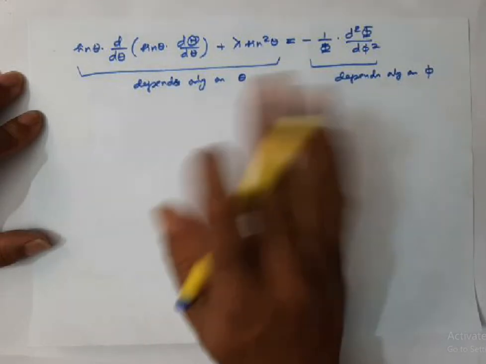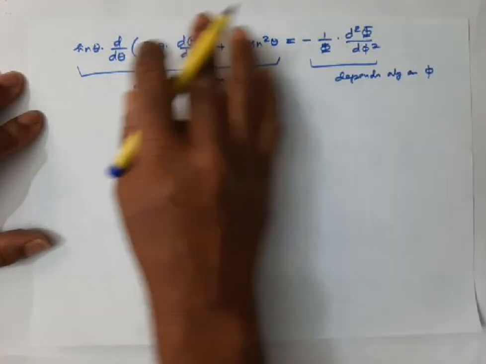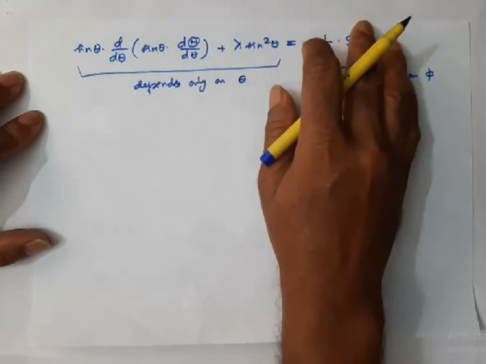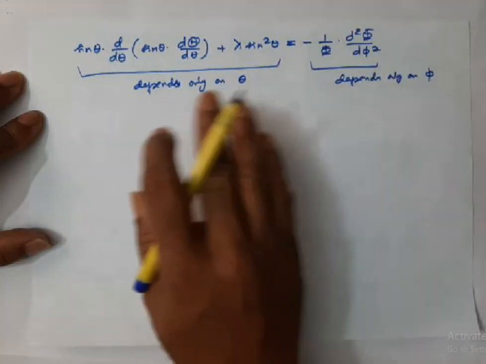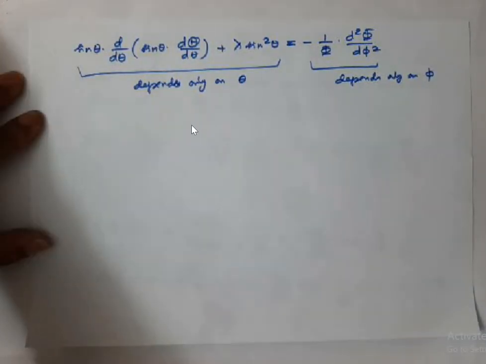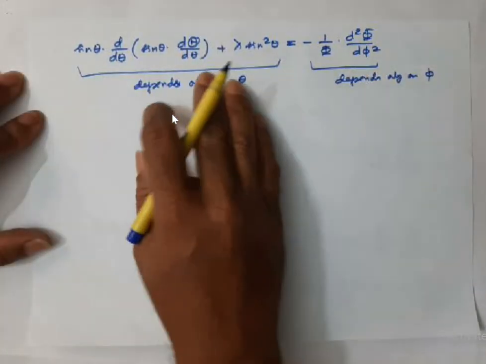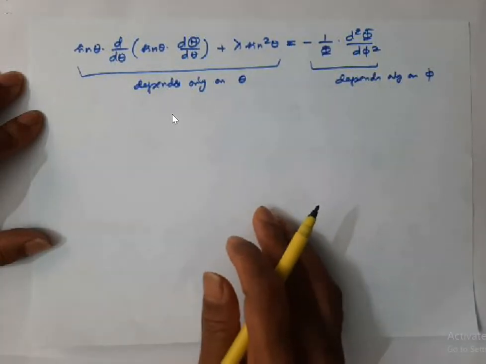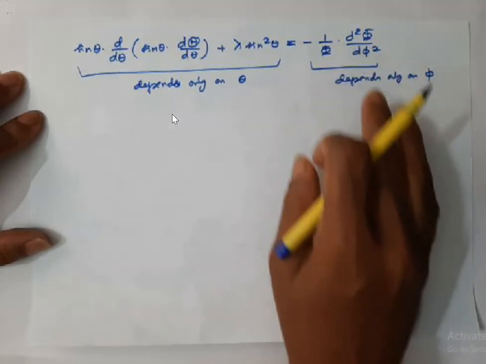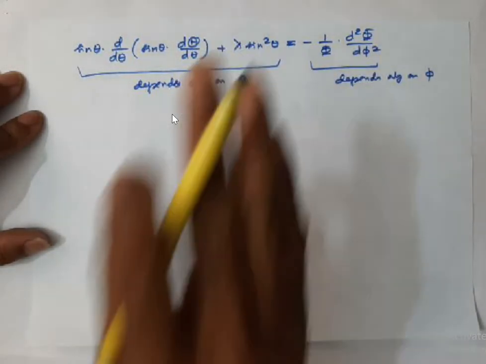Theta and phi are different, but since they are equal, this should give a constant and this should give a constant, and those two constants are supposed to be the same. Only then will these two quantities be equal, because theta and phi are not equal.